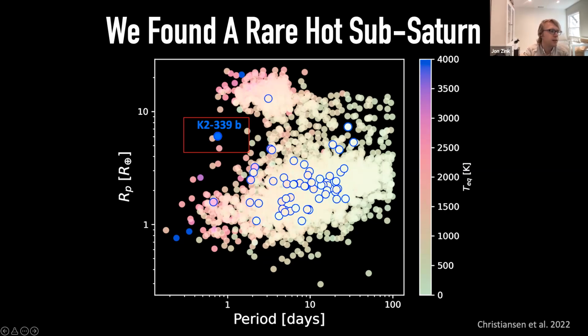Maybe they're being tidally stripped. Something is happening here in the formation process that doesn't allow planets to really live here. So finding one more in this really rare parameter space could be really influential in helping us solve the mystery of what's causing this lack of planets here.